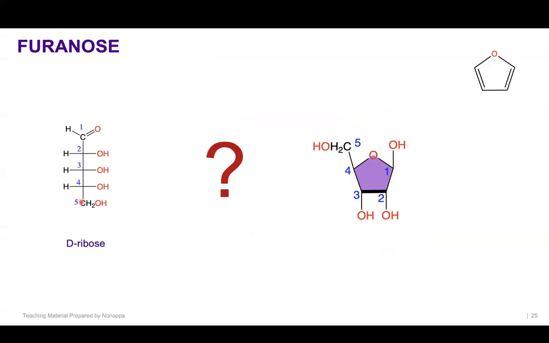Ribose is an important component in ribonucleic acid. So you see almost all textbooks with ribose sugar in it is represented like this, where there are 5 carbons and the hydroxyl groups are oriented like this. And this kind of structure, because it's coming from furan, it's called furanose.